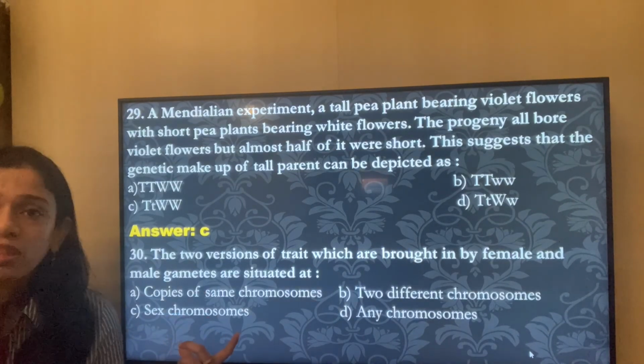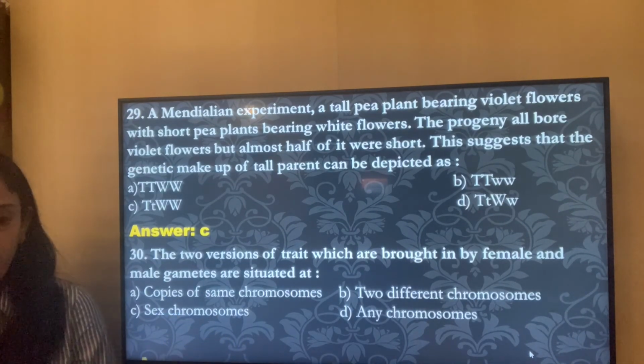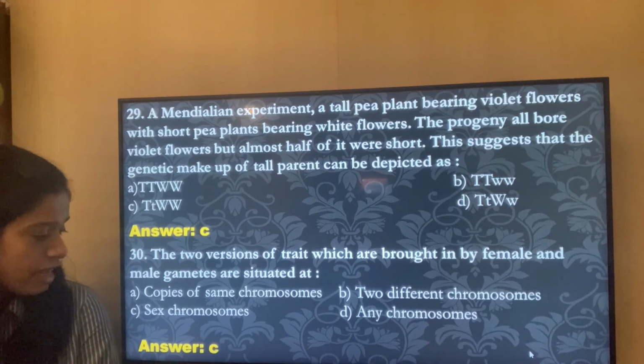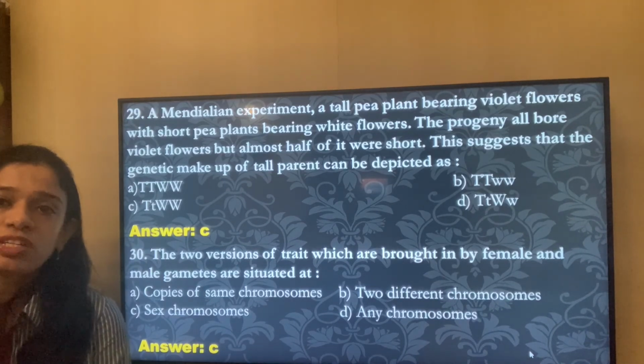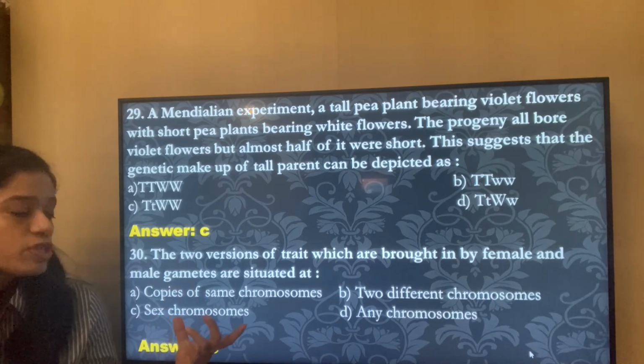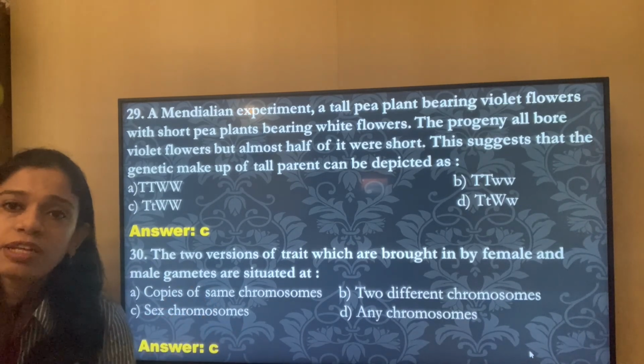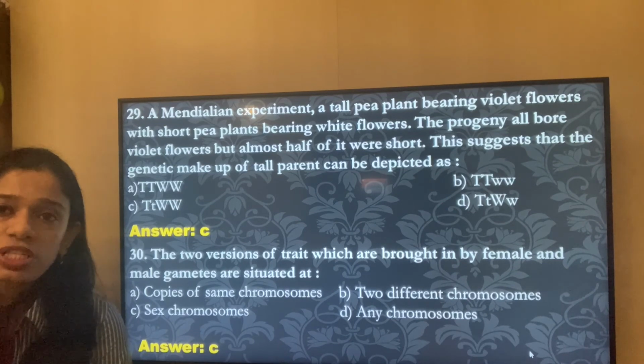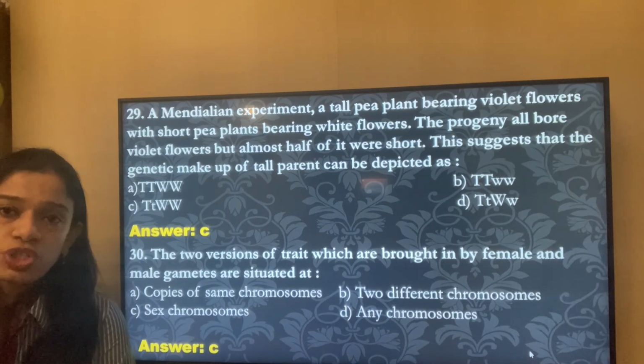It should be on the sex chromosomes. The answer is C, because the characters which get carried forward are mostly from the copies of the sex chromosome, which keeps varying and brings changes in the phenotypic constitution of the organism.